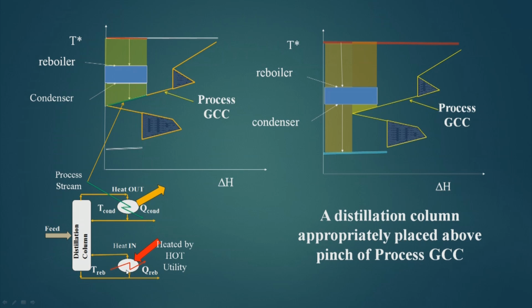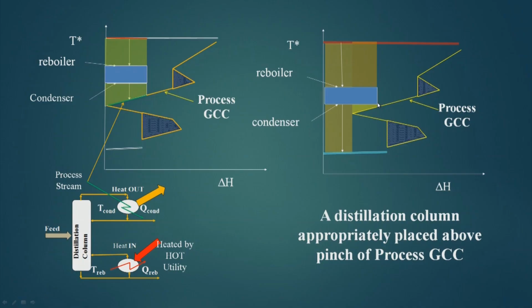So, hot utility will heat the reboiler and the process streams will be used in the condenser to cool it. Now, this part of the hot utility is servicing this part and this part of the GCC. This is how it will be integrated physically.